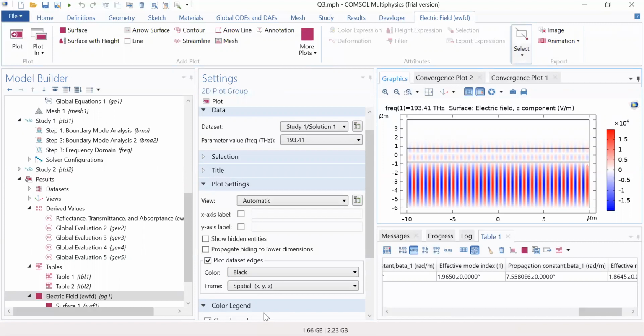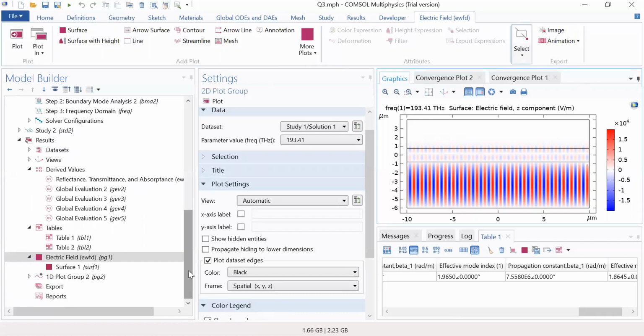The effective indices come closer, the thickness of the cladding regions is unequal, and the core thickness is slightly different: it is 1.5 as compared to 1 in this section. 1.5 is the thickness of this core region.